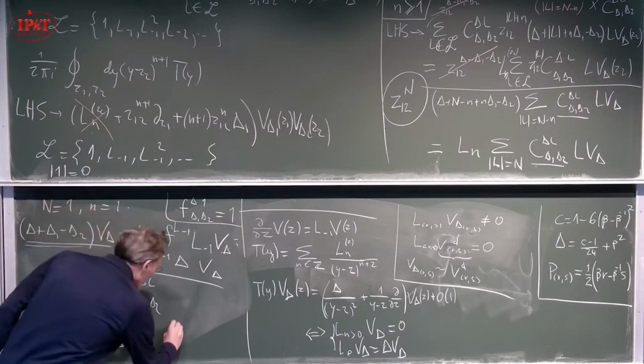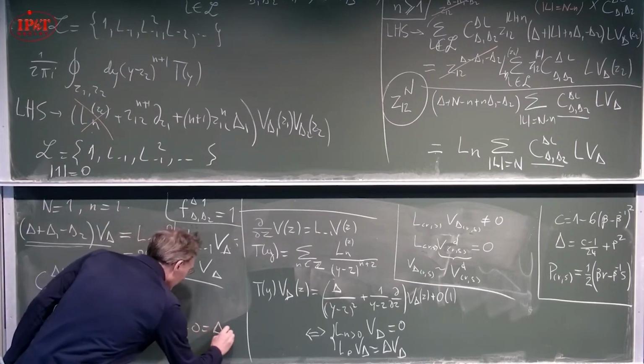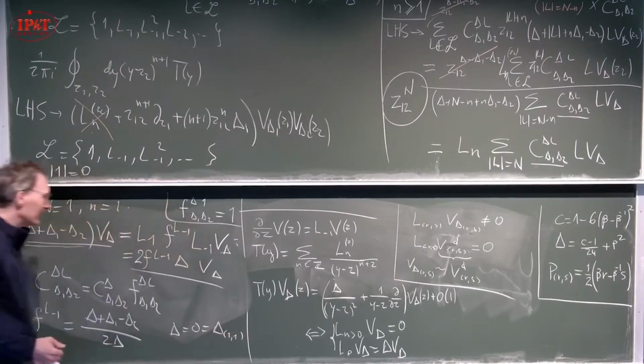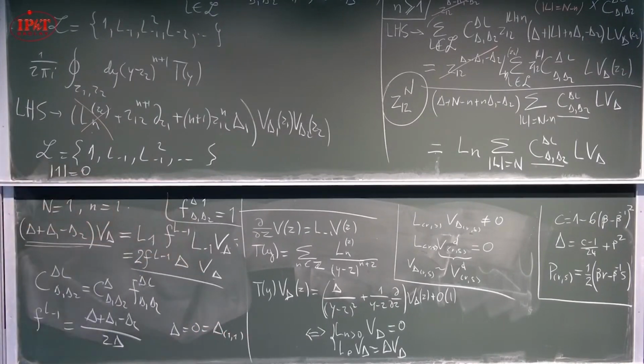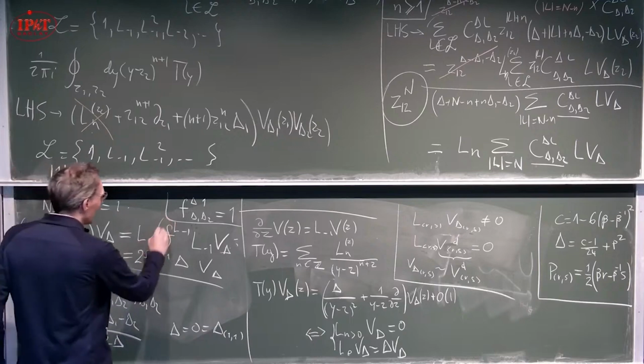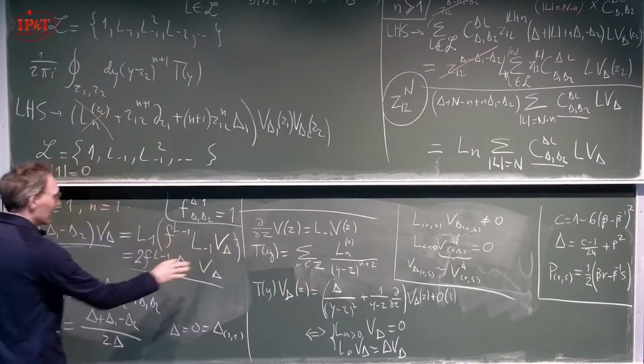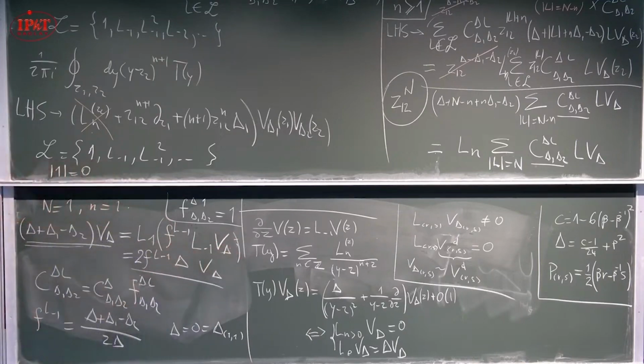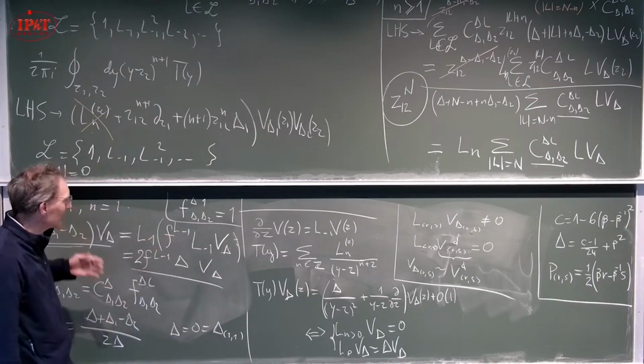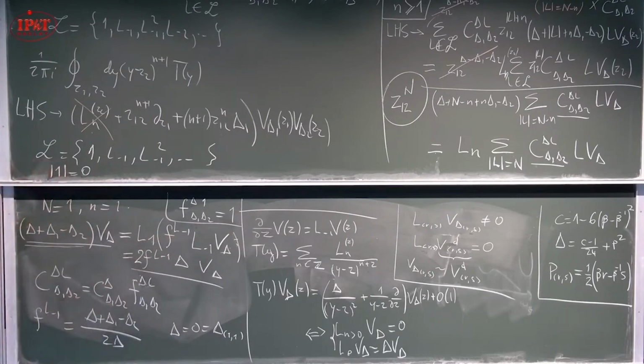Delta equals 0 corresponds to the dimension for which we have a singular vector at level 1. And of course, that's because here we obtain L1 acting on some vector at level 1, and the vanishing of this action is by definition the condition for having a singular vector.